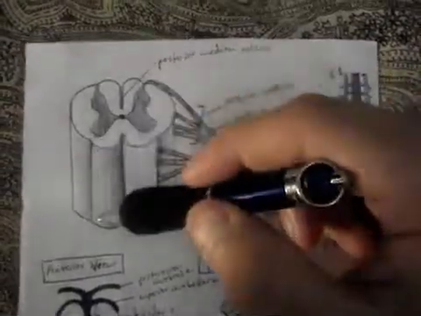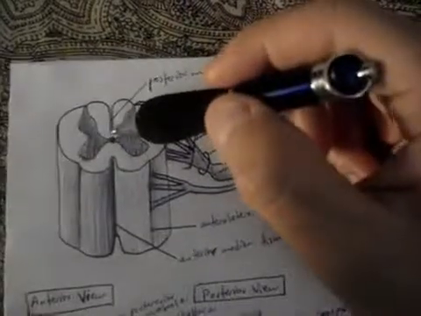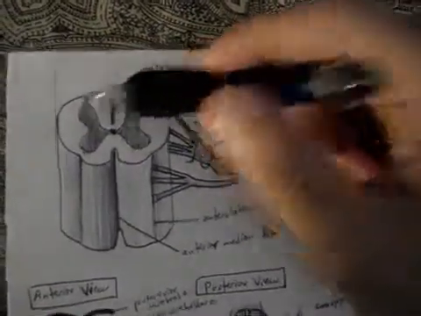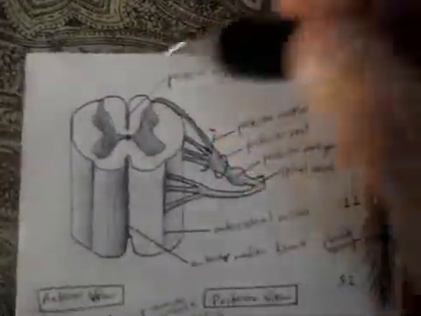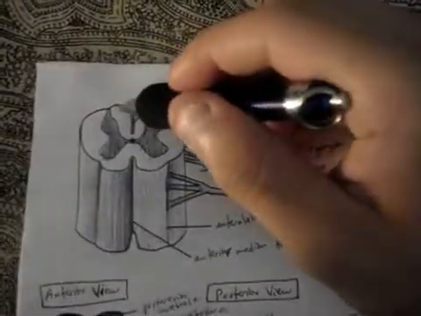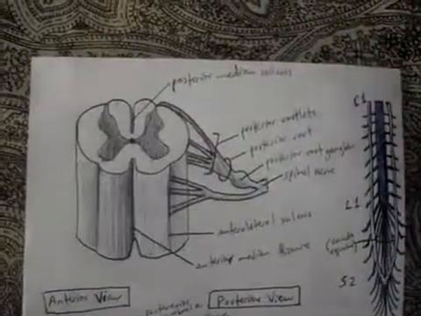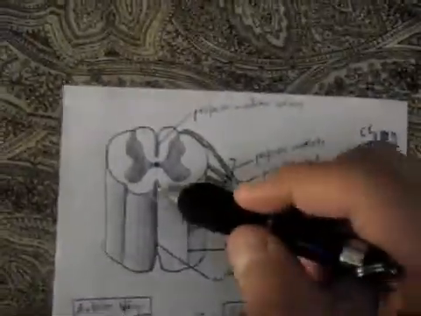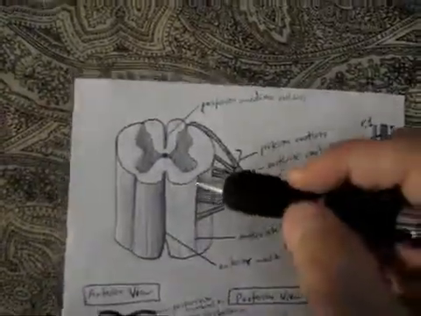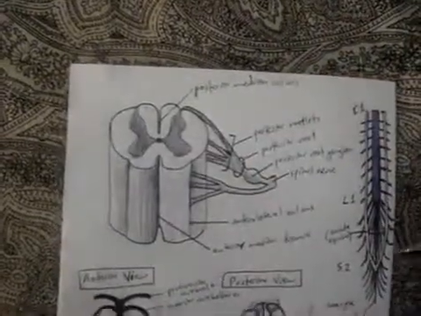Then the posterior median fissure and posterolateral sulcus. The posterior portion also has another sulcus here called the posterior intermediate sulcus. We will see that later. But at the moment, just know here: anterior and posterior median fissures, anterolateral and posterolateral sulci.